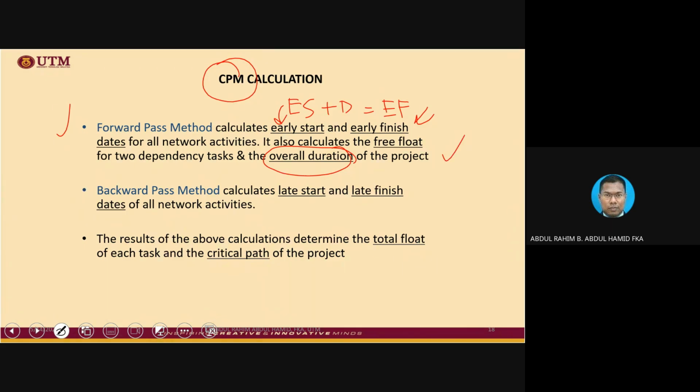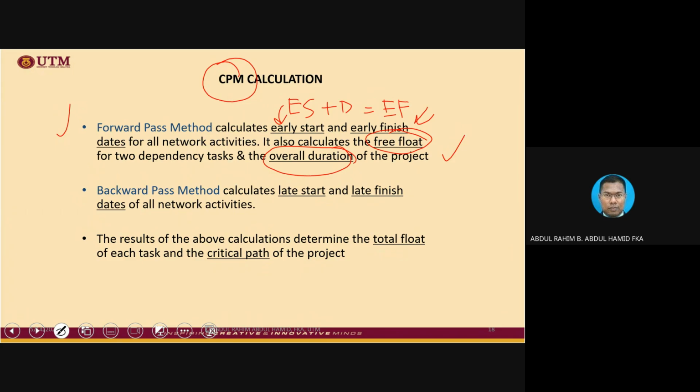And subsequently, we can calculate the free float already. Except that when we construct using the AOA diagram, it was a little bit difficult for the free float, because for the value that we input into the node, we choose between the bigger values and then hide the value that belongs to each activity or task.